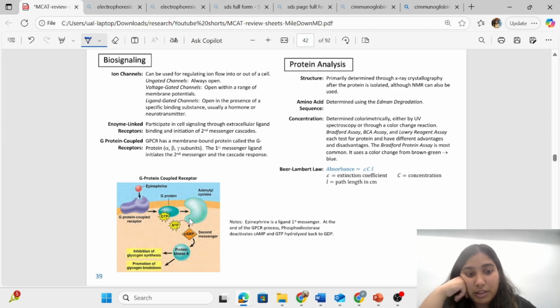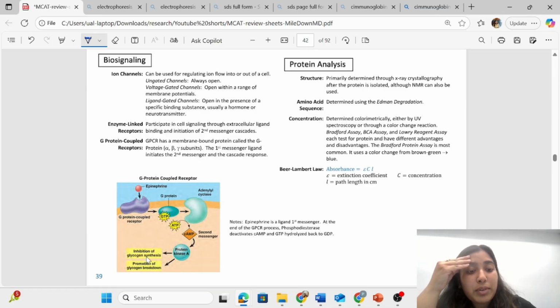And as we learned in chapter 2, kinase A will result in adding a phosphate group. That addition of a phosphate group can inhibit glycogen synthesis and promote glycogen breakdown, because epinephrine is also a fight or flight hormone, right?